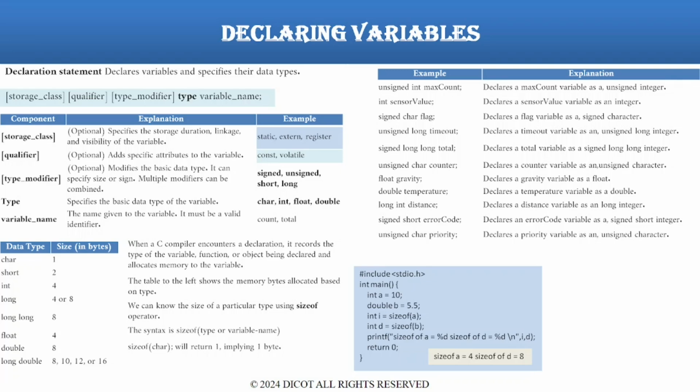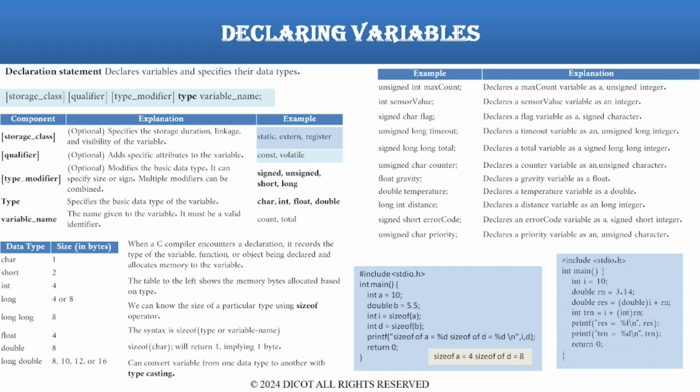Now, we can convert variables from one data type to another with the typecasting feature in the C programming language. Let's write one simple program to apply typecasting. In this program, i is declared as an integer and rn is declared as a double.